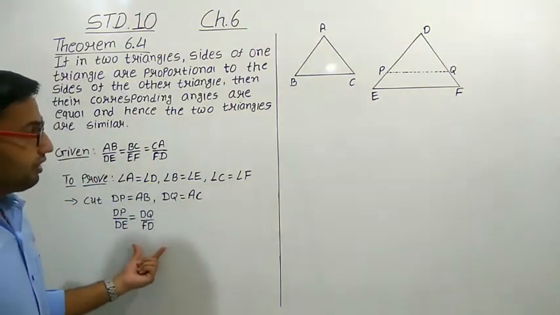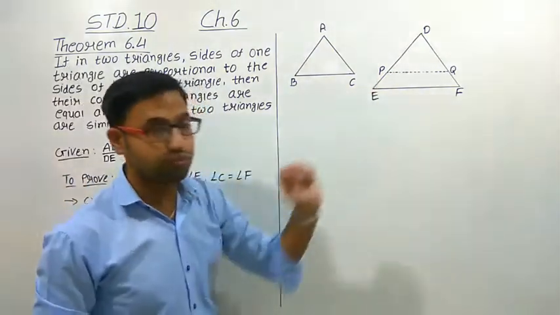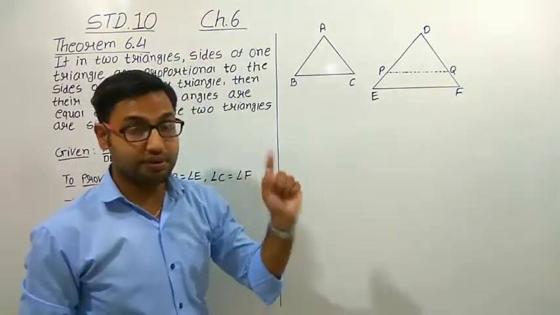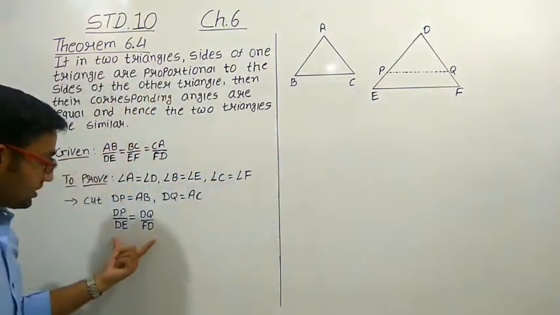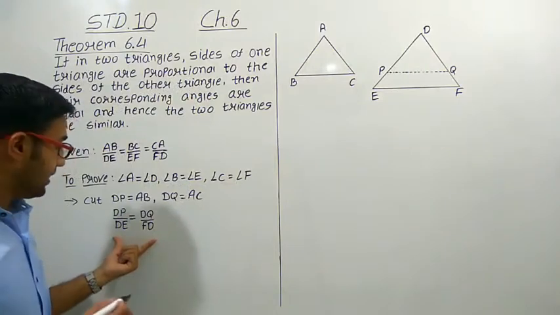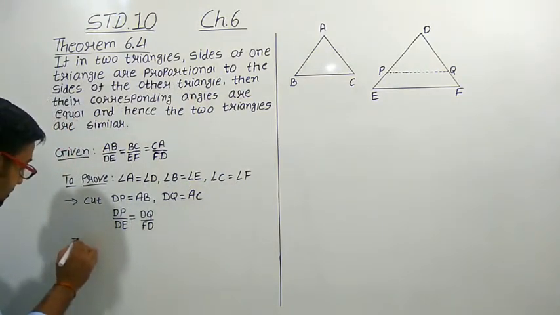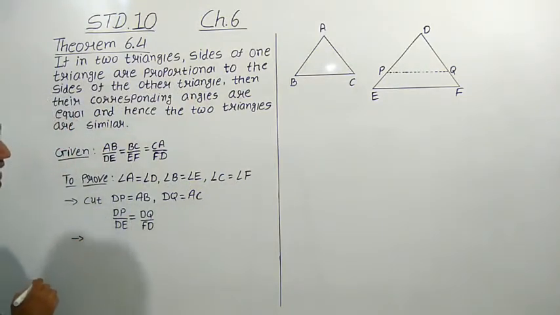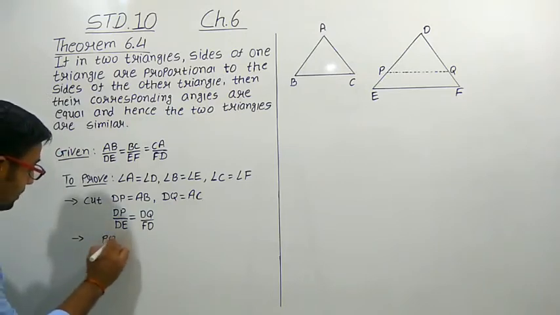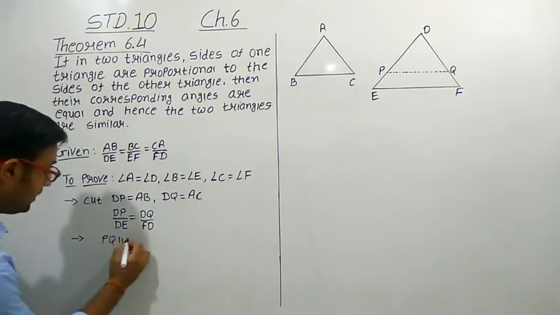Now here it is not given that PQ is parallel to EF, but according to this condition, we can say by theorem 6.2 that PQ is parallel to EF.